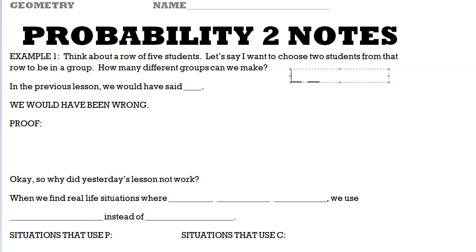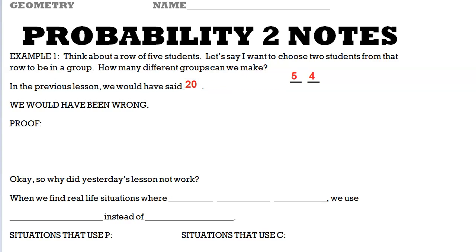Let's say I have 5 different students here. I have a row of 5. So we're pretending we're in the building here, and there are 5 students. Well, I could choose any of the 5 to be in my group. But as soon as I have chosen someone, now I only have 4 choices left. So in the previous lesson, we would have said 20.